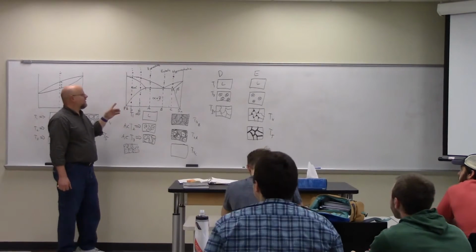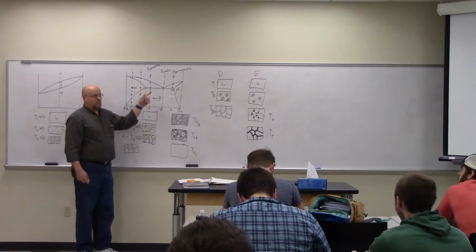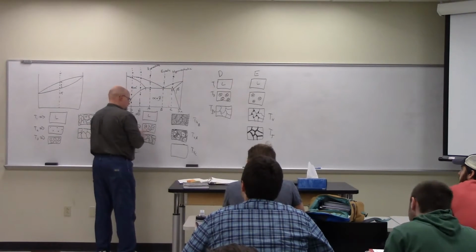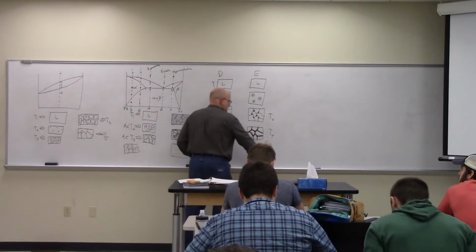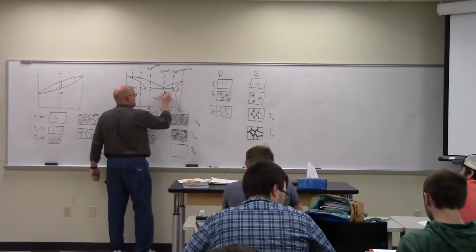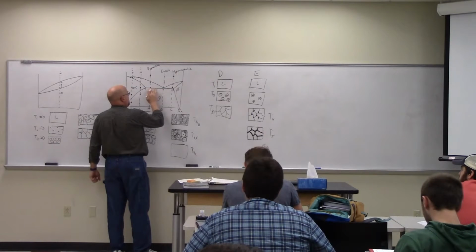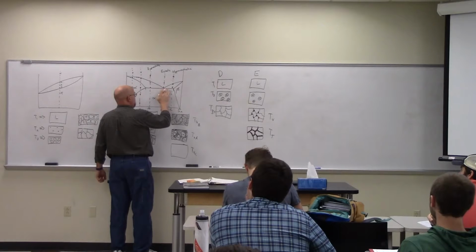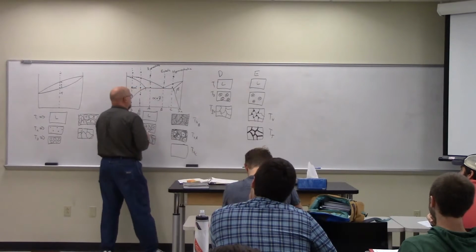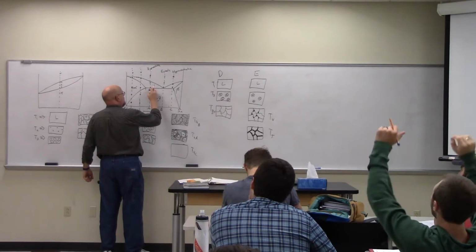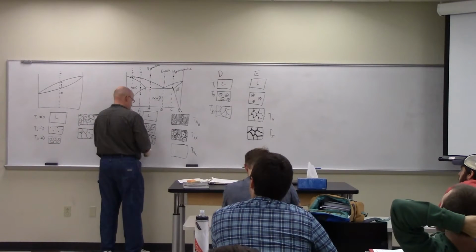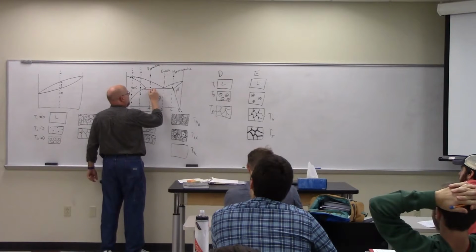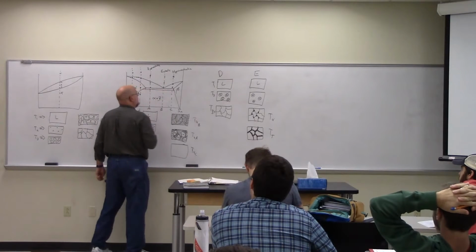Dan, pay attention. Okay, so when I do my inverse lever rule here, let me do it in a different color. When I apply the inverse lever rule here, no, let me not use the eutectic composition. Let me apply the inverse lever rule to this. So I go in there and I ask you, what's present at that point?